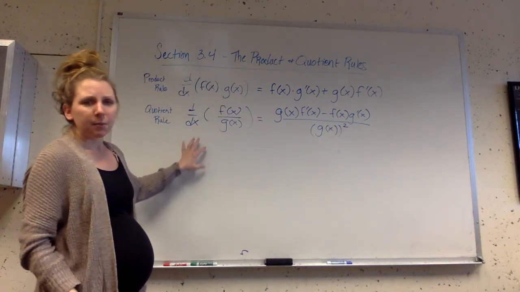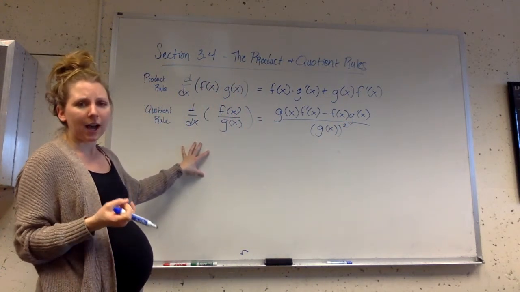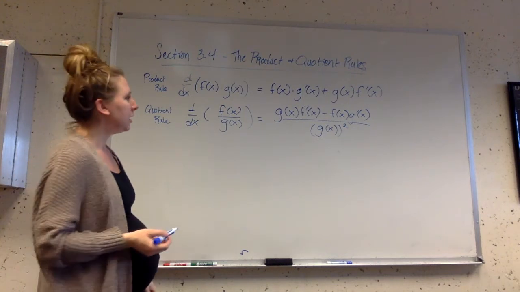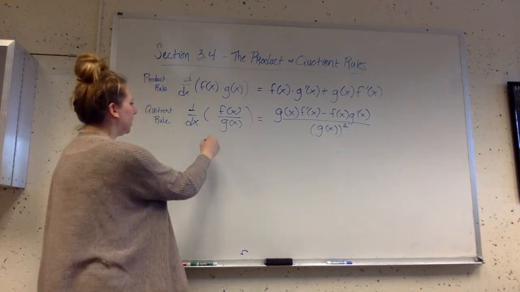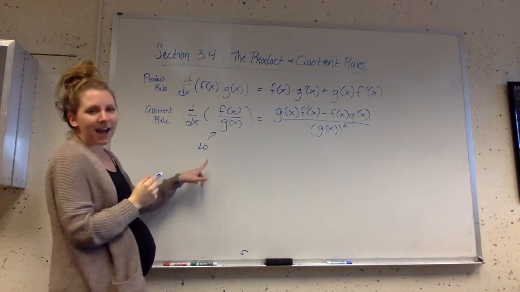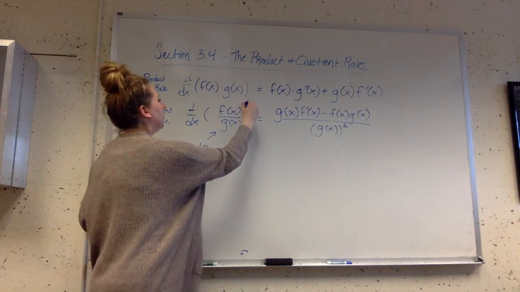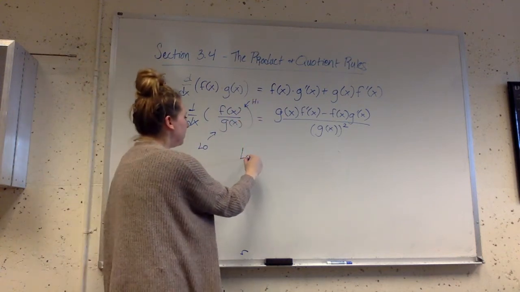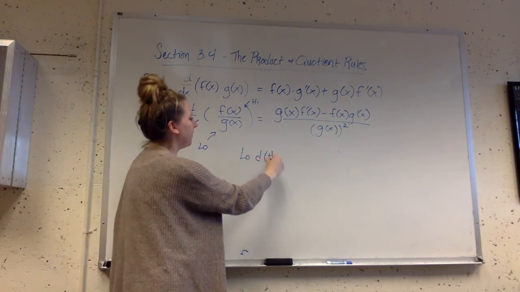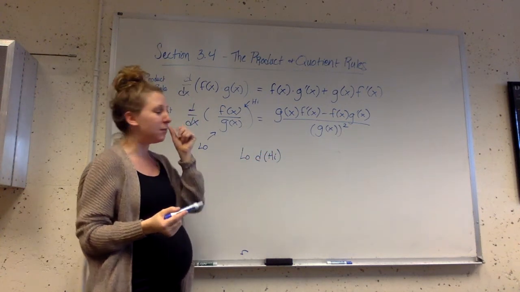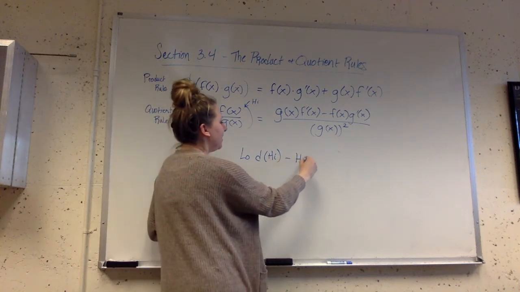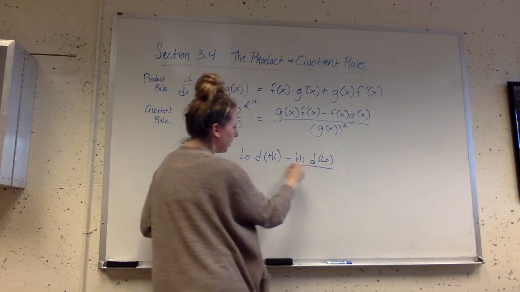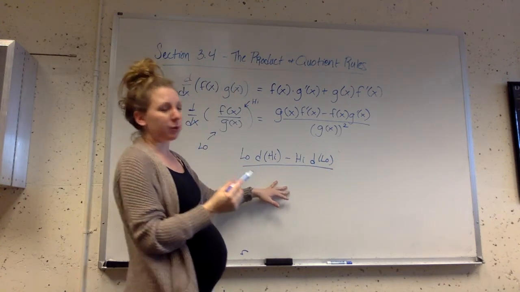Okay, some people use low d high minus high d low over the square of what's below. So low meaning the denominator, high meaning the numerator. And so, to write that out, it would be low, and then the derivative of the high, or the derivative of the numerator, minus high times the derivative of low, or the denominator, over the square of what's below.